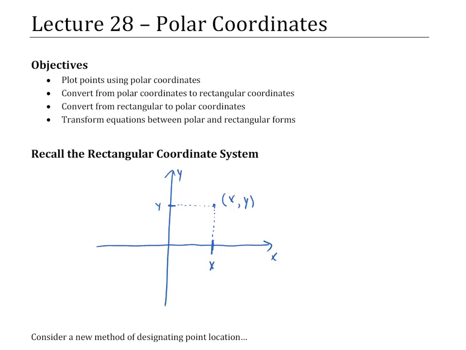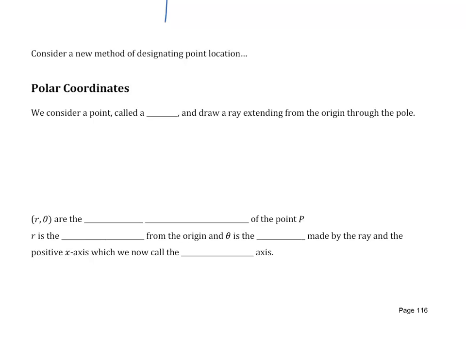But let's consider an alternative method that takes advantage of some information we've covered in this class. We're going to consider a point, and in polar coordinates we're going to call it a pole, although I may still often refer to it as a point, but that's what we mean in polar coordinates by a pole. We're going to draw a ray extending from the origin through the pole. So the polar coordinate system really only needs a positive x-axis.